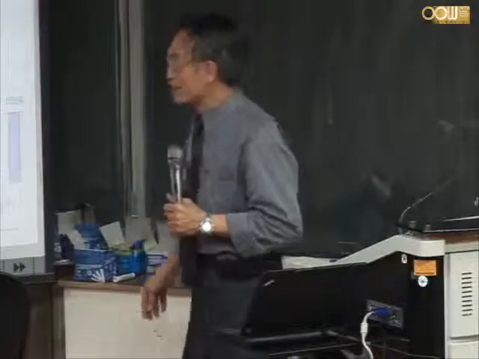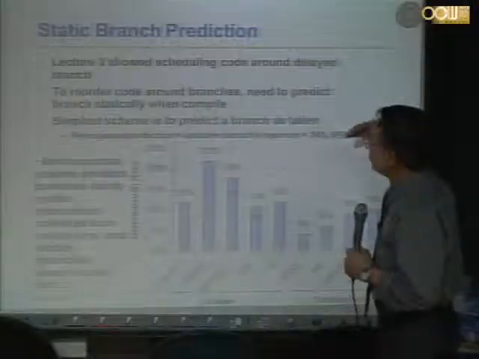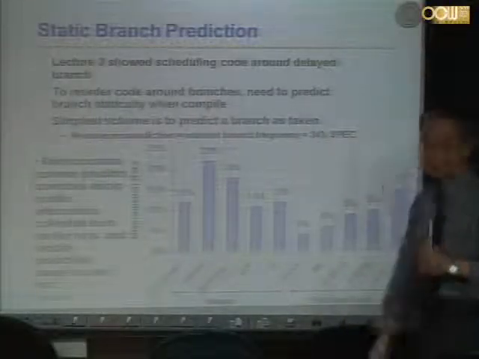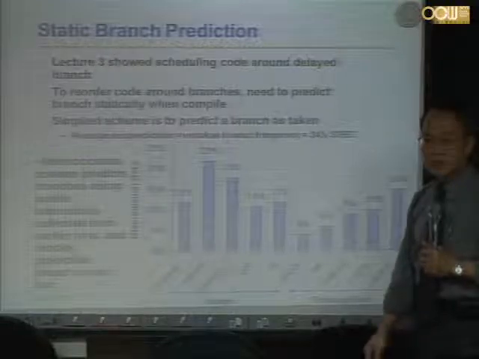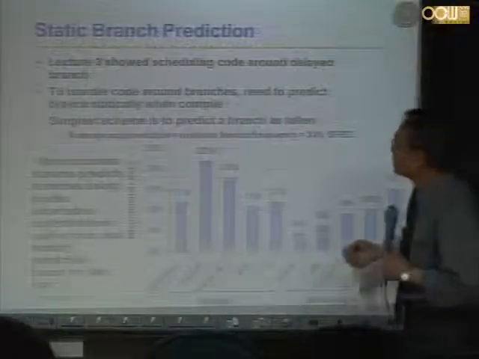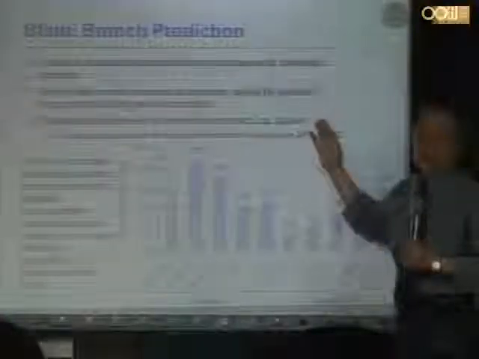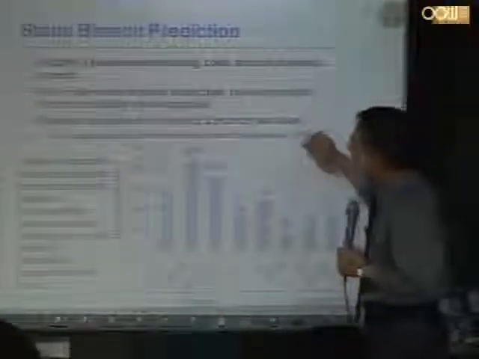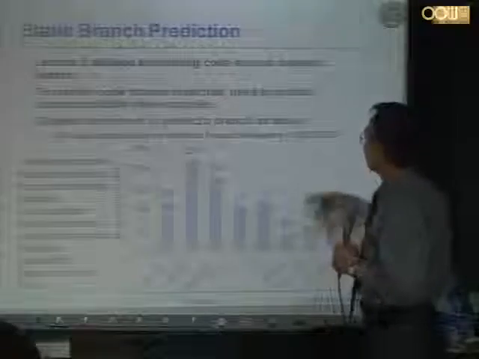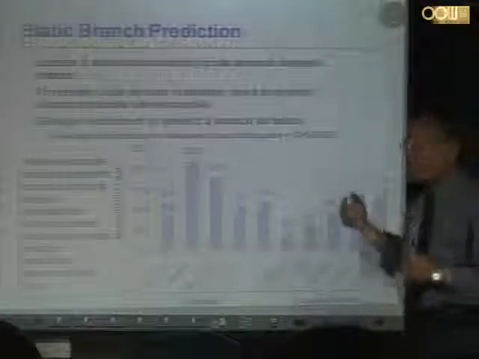You see? So the simplest scheme is predicting not taken, but a smarter scheme would be to predict it as taken, because this gives us a higher accuracy, a higher hit rate.